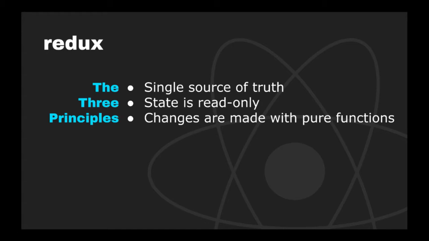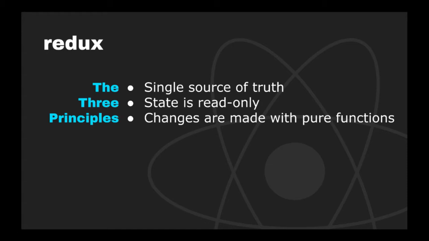Redux is based on three main principles, which are: Redux is always going to be the single source of truth. The state in Redux is read-only, so you cannot modify the state directly. And changes are made using pure functions.